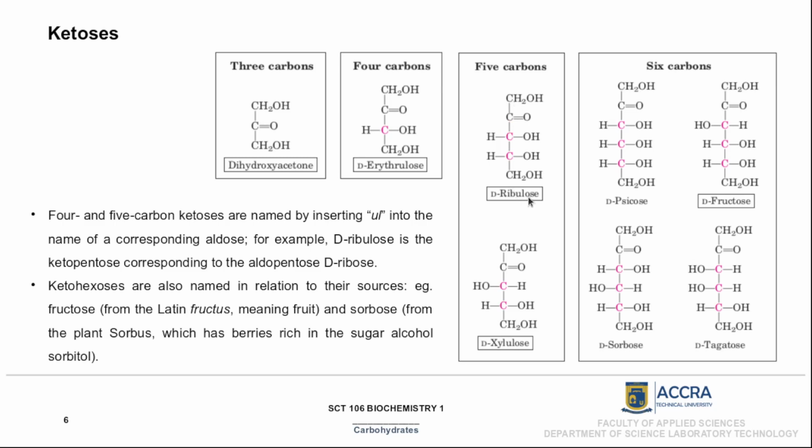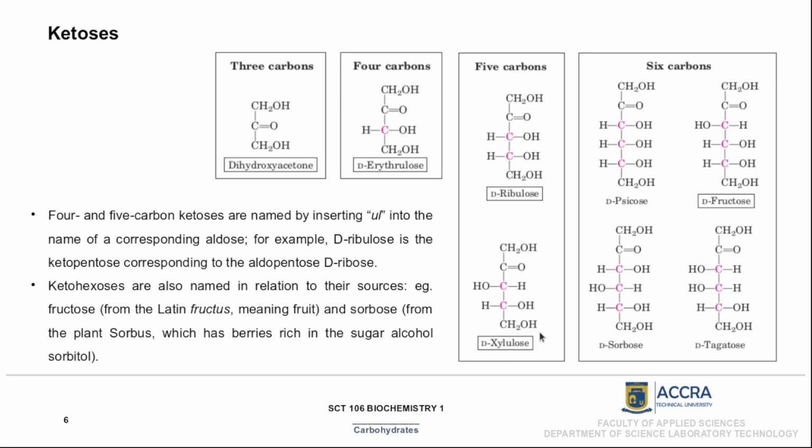Just before the suffix ose, the insertion of UL gives the name of the corresponding ketose, which is ribulose. It is the same for the aldose xylose. Once you insert UL before the suffix ose, you have the name for the corresponding ketose, which is xylulose.